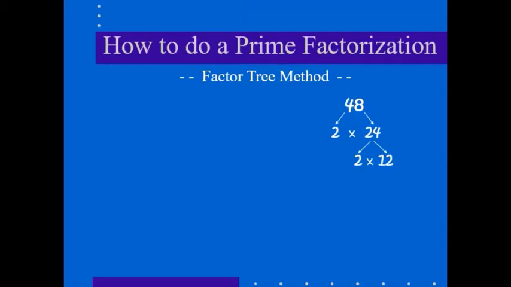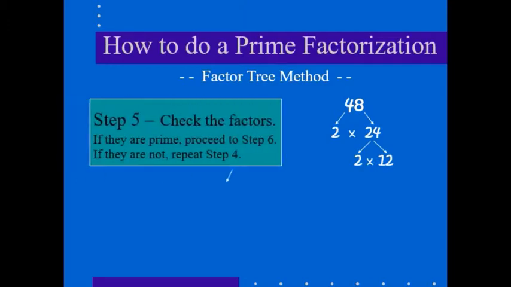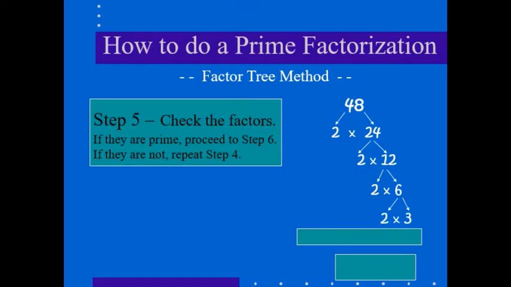Next, we can break 12 down into 2 and 6. And then we can break 6 down. 6 can go to 2 and 3. So we've turned our stump, our trunk of 48 into a tree that keeps branching out and branching out and branching out.